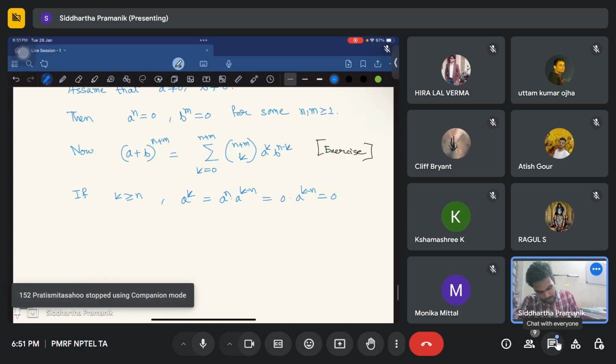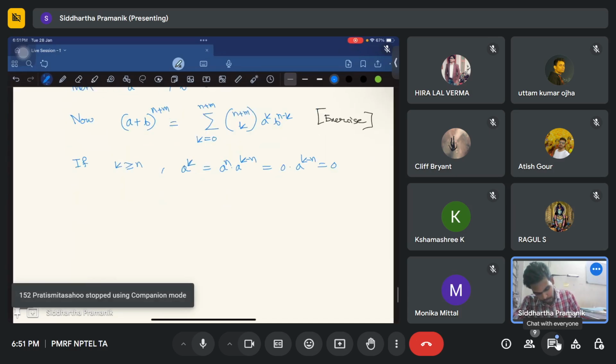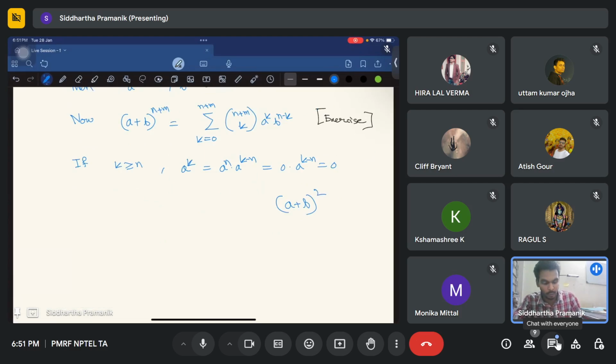If you take a plus b, let me take a plus b square. Then how will you expand this? This is basically a plus b times a plus b, so this is just a square plus ab plus ba plus b square.